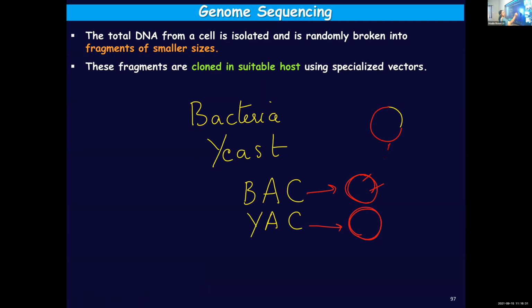See, this is the vector, and from the vector a small piece will be removed, and then the desired DNA fragment will be introduced. This belongs to a human being, and this is the vector. Then it will be introduced into a host organism like bacteria or yeast.